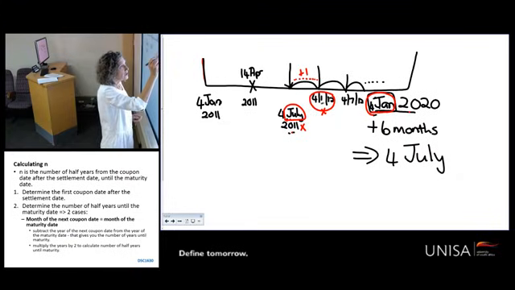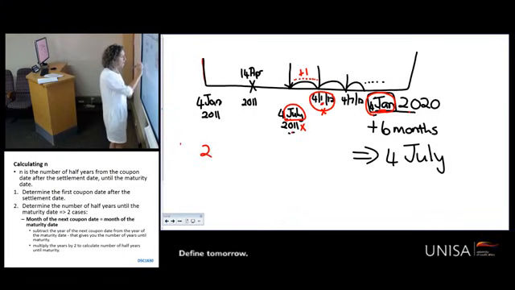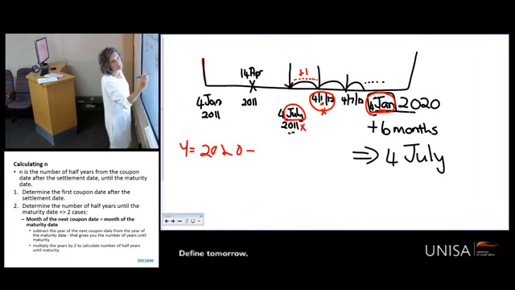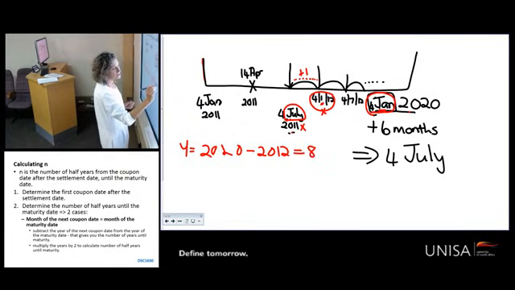Now, January and January is the same. So I know each year there will be, up to maturity, 2 coupon dates. So what I do is I take the years and I just subtract them from each other, which gives me 8 years, right?